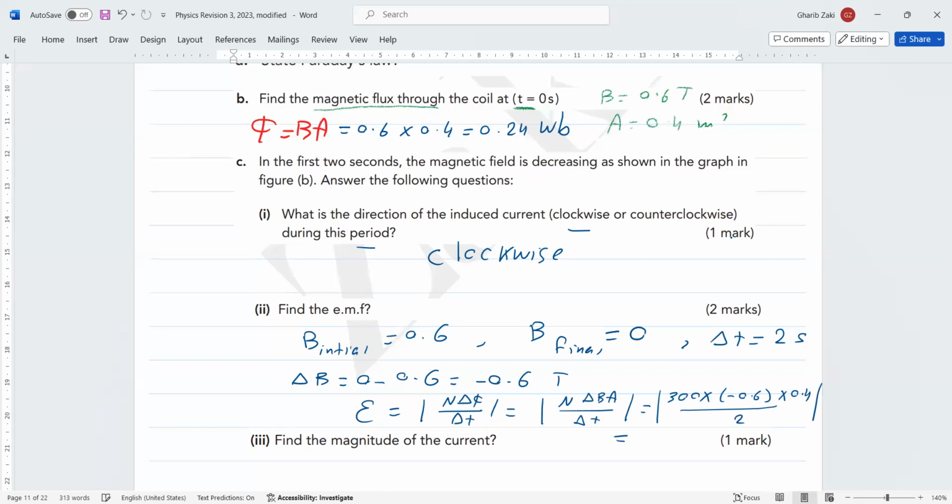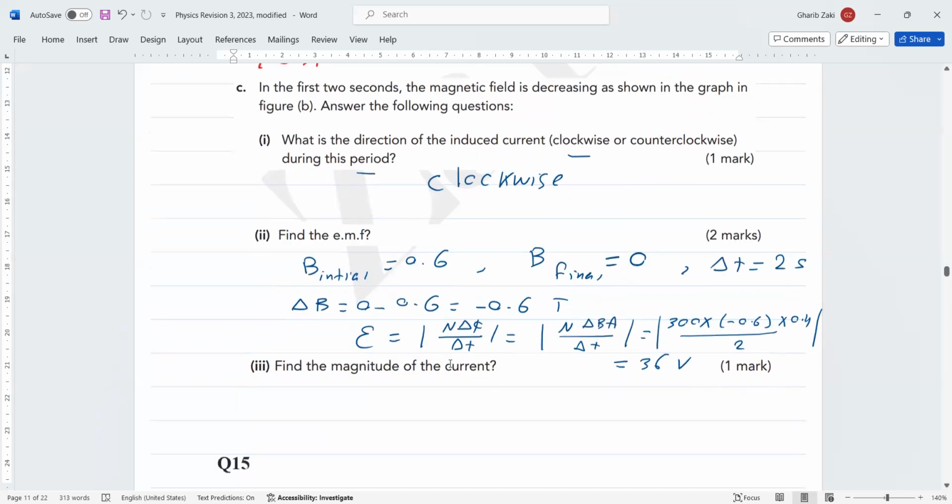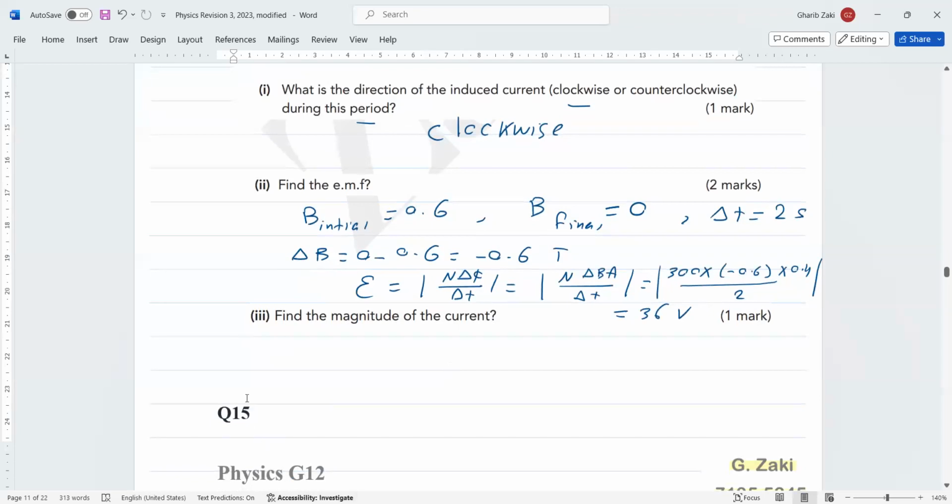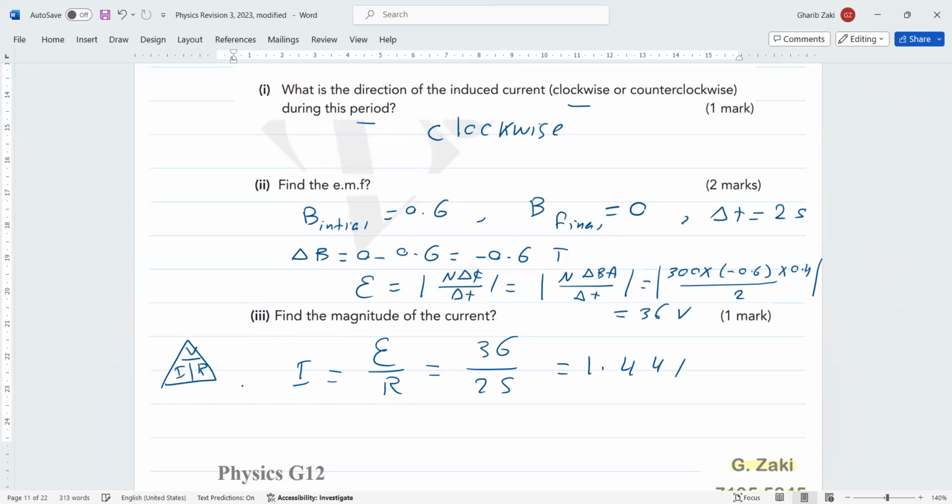The answer of this, when we take the magnitude, would be 36 volts. He said the magnitude of the current. Oh, it's easy. We use Ohm's law. So remember, V equals I times R. We need I, so it's V over R. E is 36 and R is given, 25. So the answer is 1.44 ampere.